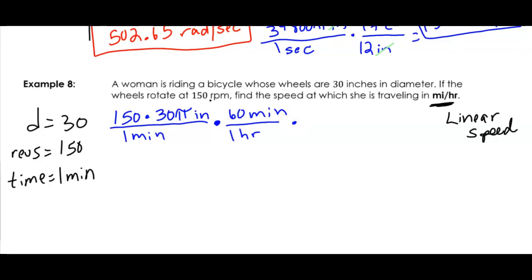Now we need to go into miles. We're in inches right now. So my inches are on top over here. I'm going to put 12 inches on the bottom per 1 foot.